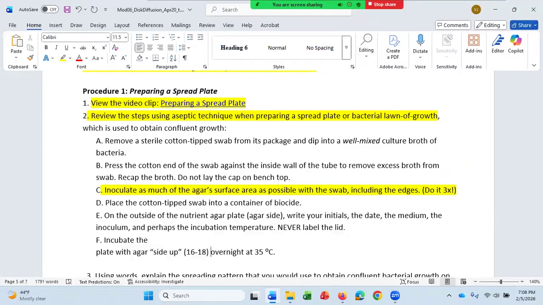But in a real microbiology lab, you'd want to do it only for 16 to 18 hours. Any questions about that? This is the procedure if you were really doing it in the lab at Clark College, which would be really 16 to 18 hours.